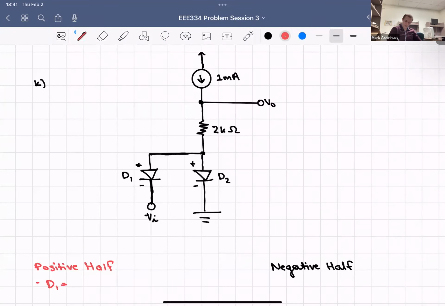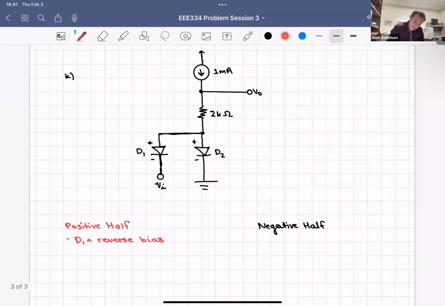D1 is going to be in reverse bias, which means it is open and non-conducting. And then D2, though, we're going the opposite, so that is going to be open. So there's going to be nothing coming from V input. But we do have this 1 milliamp current source, so that will matter.